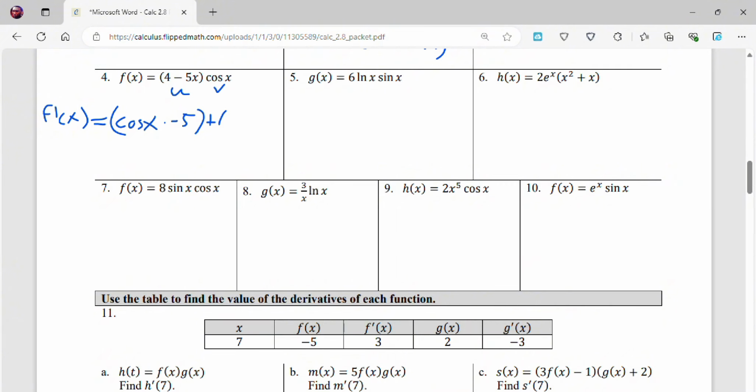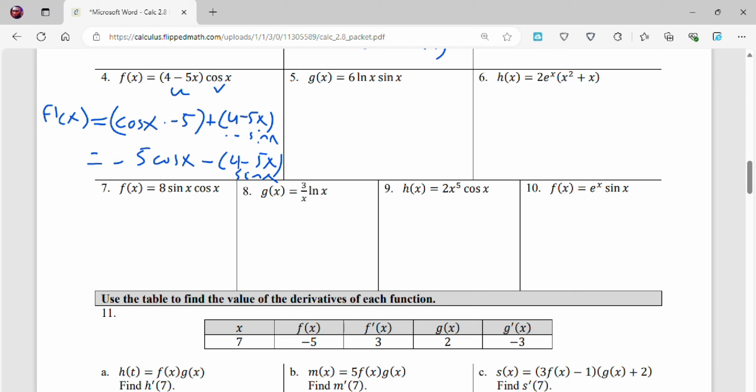Okay, plus u times v prime. Derivative of cosine x is negative sine x. And so our answer is going to be negative 5 cosine x minus 4 minus 5x sine x. Okay.